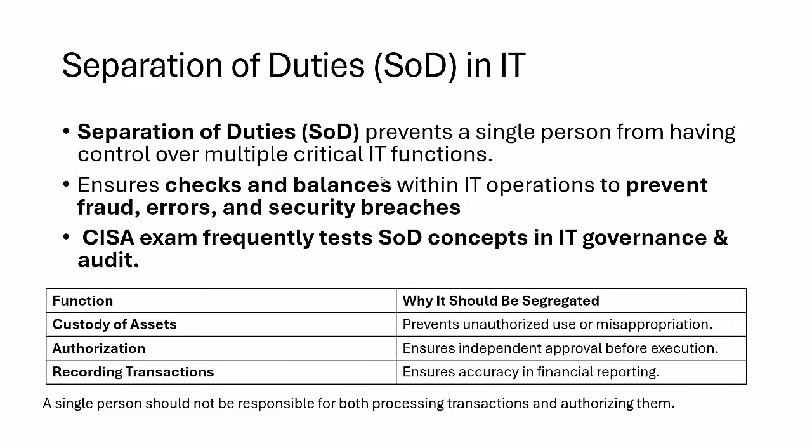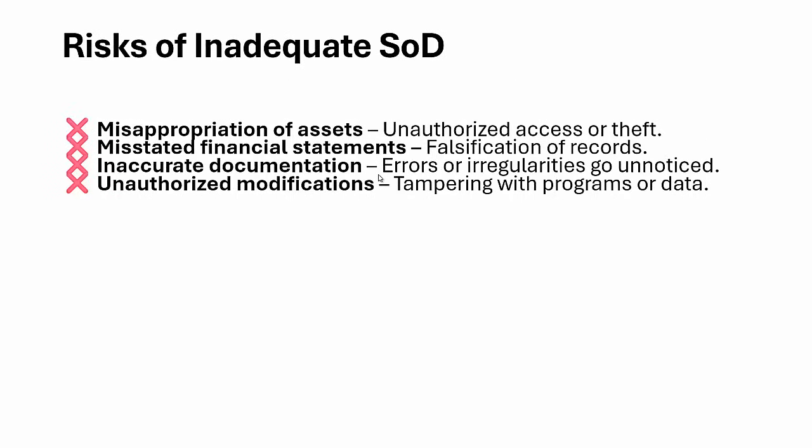We have some risks associated with inadequate SOD even if you implement it, because there is a possibility that the SOD can be compromised. How? For example, you and me working together. Things are already clarified that I'm responsible for creating a bill and you are responsible for approving the bill. Now I convince you, let's work together for a common mission, gain some profit and revenue.